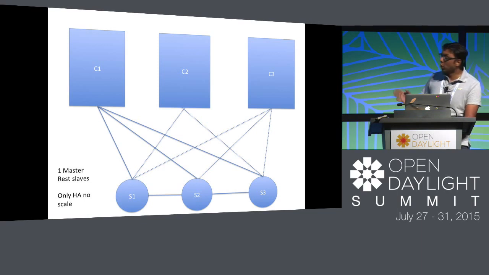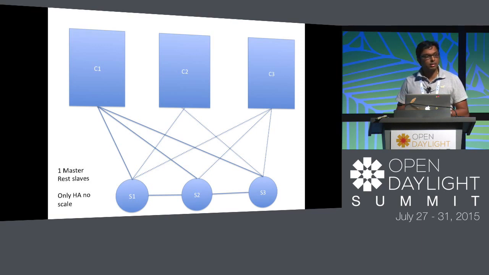Another OpenFlow based solution which has been tried is that this set of switches is connected to all the controllers like a mesh. Using OpenFlow, we configure the switches saying that one of them is the master and the rest are slaves. In this scenario, I'm saying that C1 is the master for S1, S2, S3.